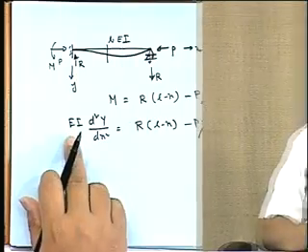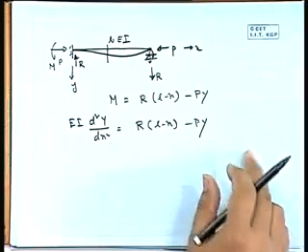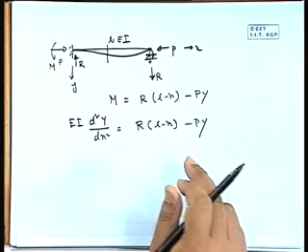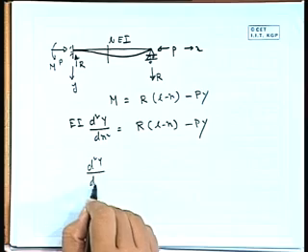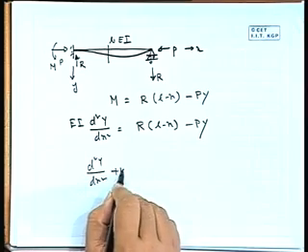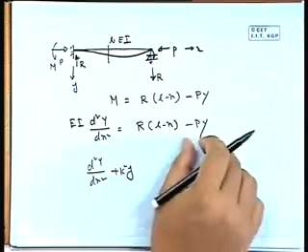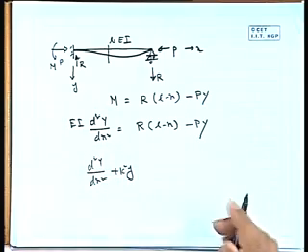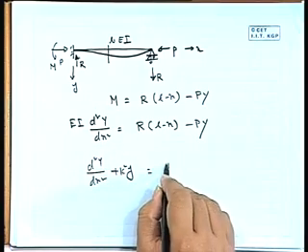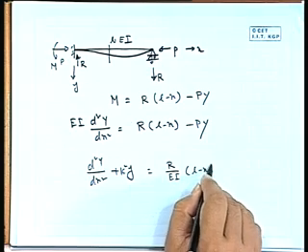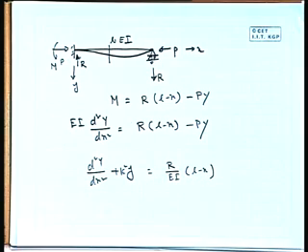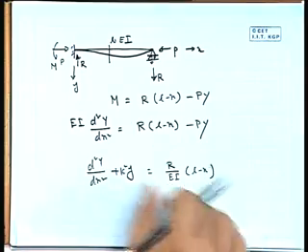Now this EI part we can put here, and it will be your k square, and rearrange the equation. So it will be d2y by dx square plus k square y. So this part you bring here, divided by EI, that will be R by EI into L minus x. Now for the first part, if we consider the right hand side 0, we will get the complementary part.